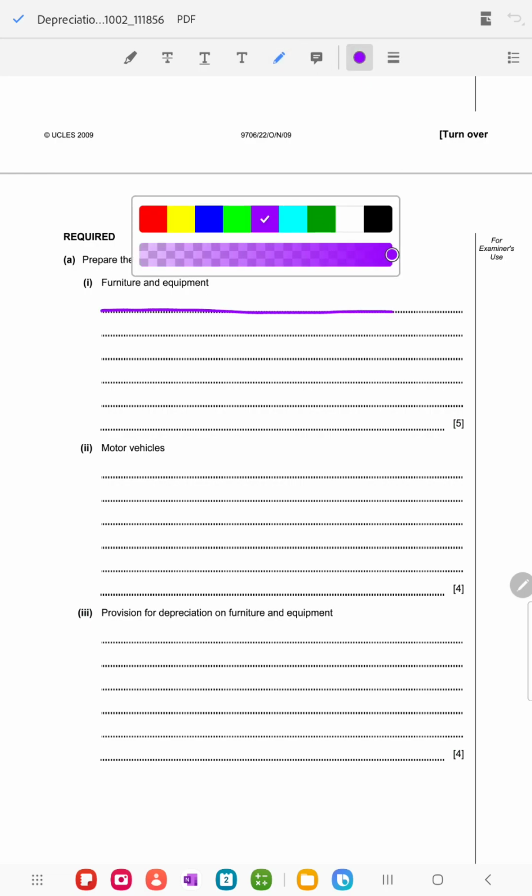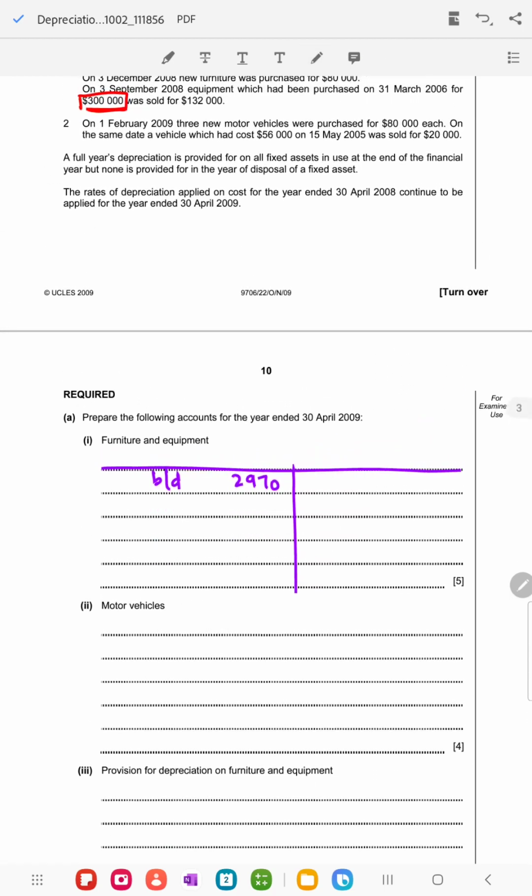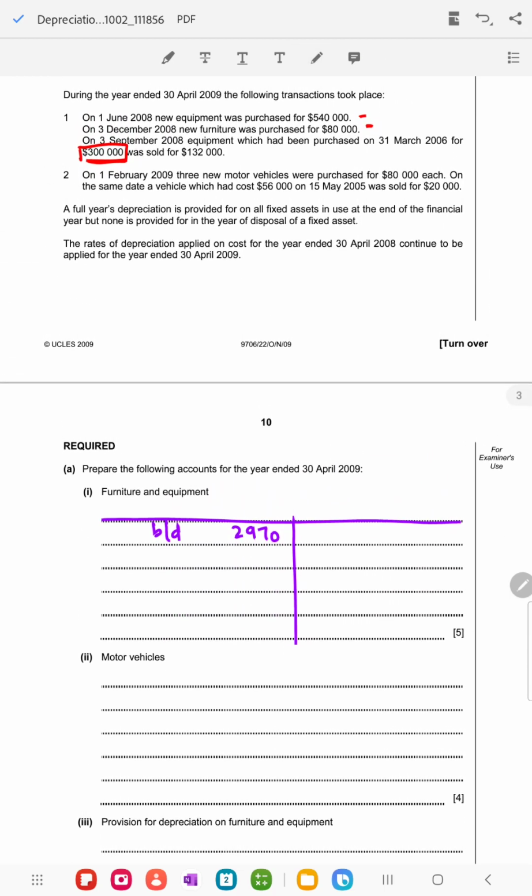So let's make the account: brought down 2970. Then there were purchases of 540,000 and 80,000, on 1st June and 3rd December.